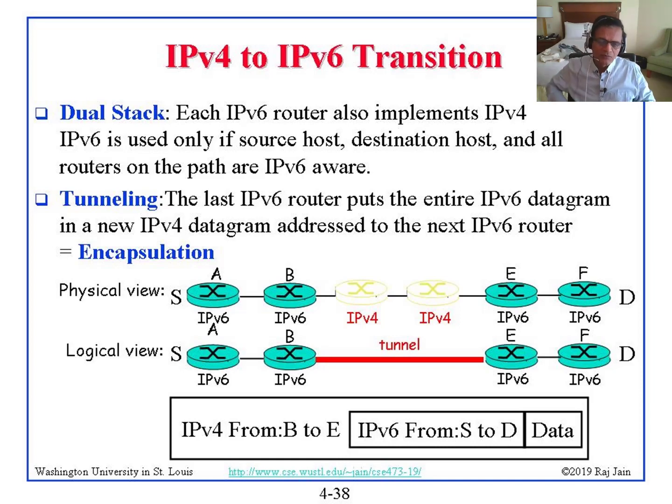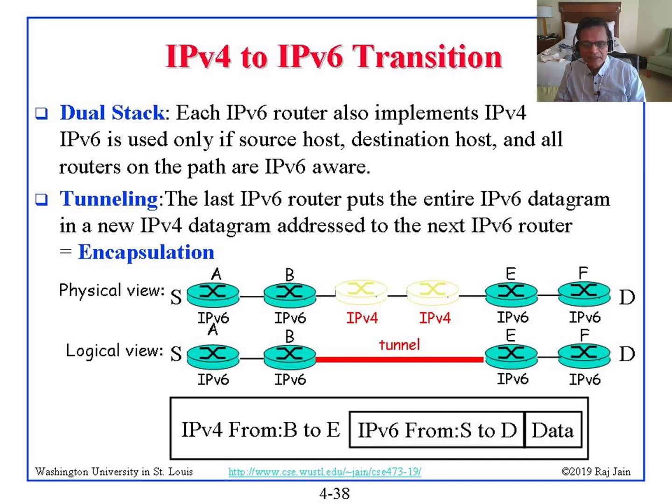Okay, so two questions. First of all, is it clear what dual stack means? Dual stack means that the routers will have to understand both IPv4 and IPv6. And when they look at the first field, which says the version number is 6 or 4, then they will handle the rest of the packet accordingly.